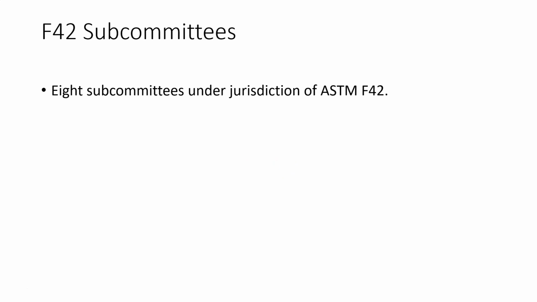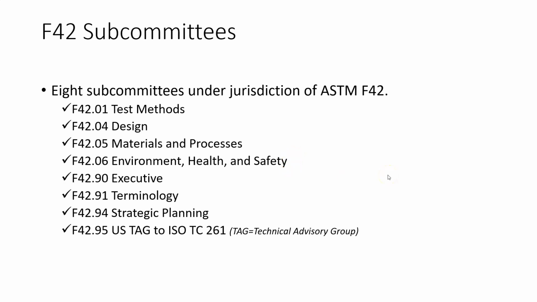In fact, there are 8 subcommittees under the jurisdiction of the ASTM F42 committee, and these are test methods, design, materials and processes, environment, health and safety, executive committee, terminology committee, strategic planning committee, and then the committee that is jointly going to be communicating and liaising with the ISO Technical Committee 261. And you can see the designations for each one of these subcommittees. They all have the F42 prefix and then .01, .04, and so on.